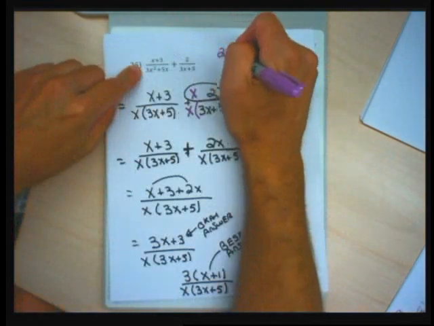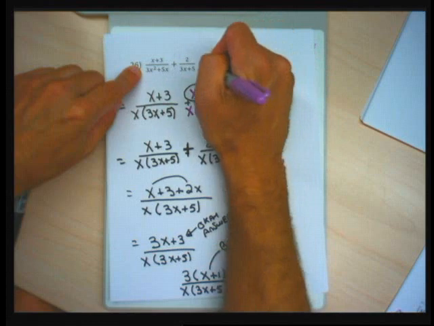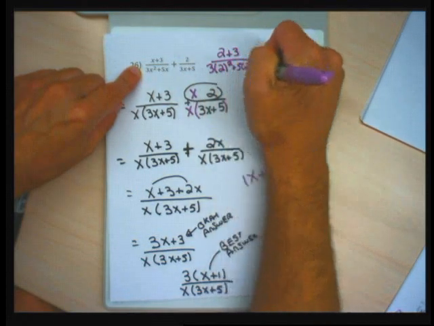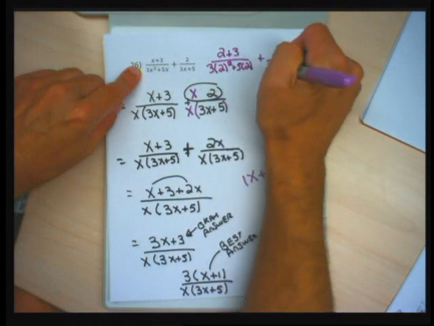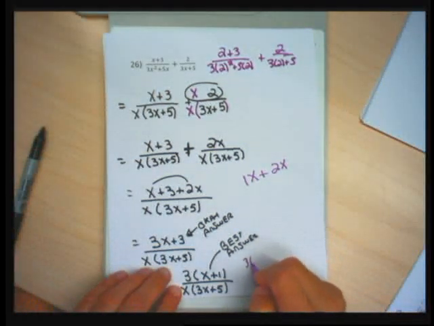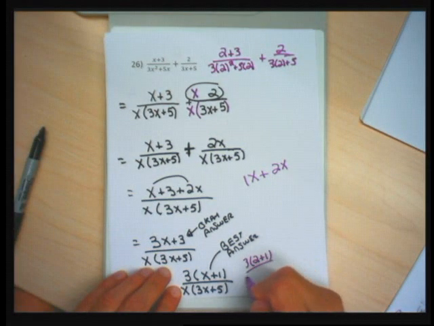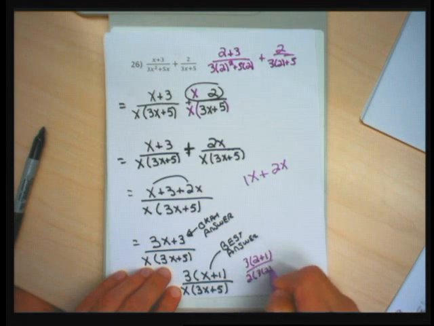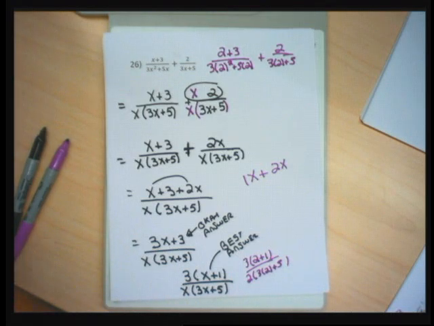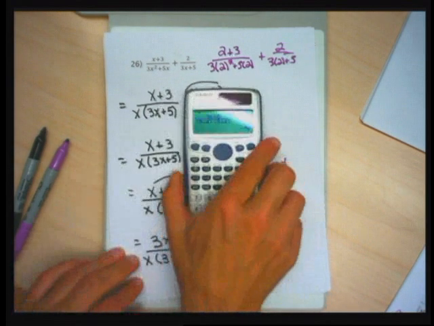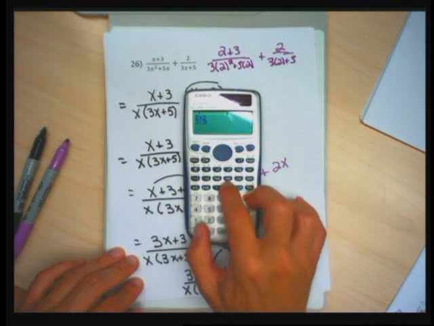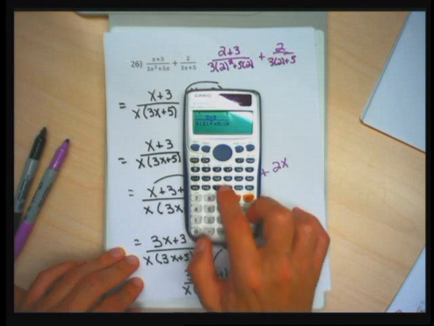So I'm going to go 2 plus 3 over 3 times 2 squared plus 5 times 2, plus 2 over 3 times 2 plus 5. I'm going to go to my answer and go 3 times (2 plus 1) over 2 times (3 times 2 plus 5). I do those real quickly to make sure my answer and my original problem match up when I plug in 2 for x.